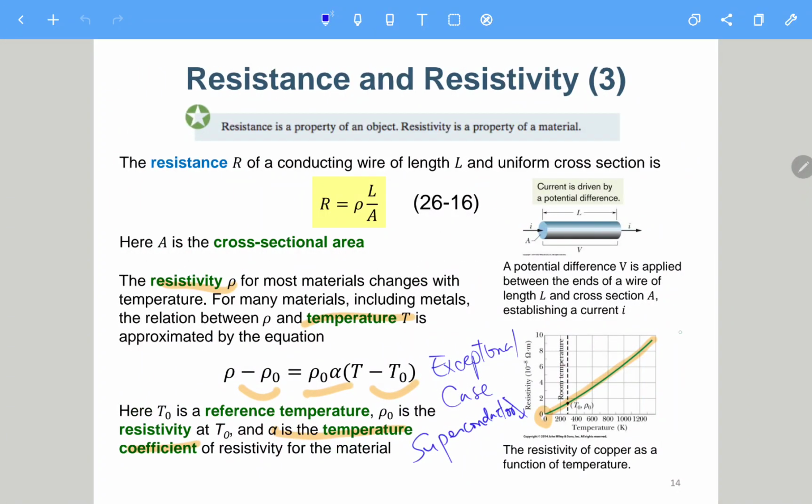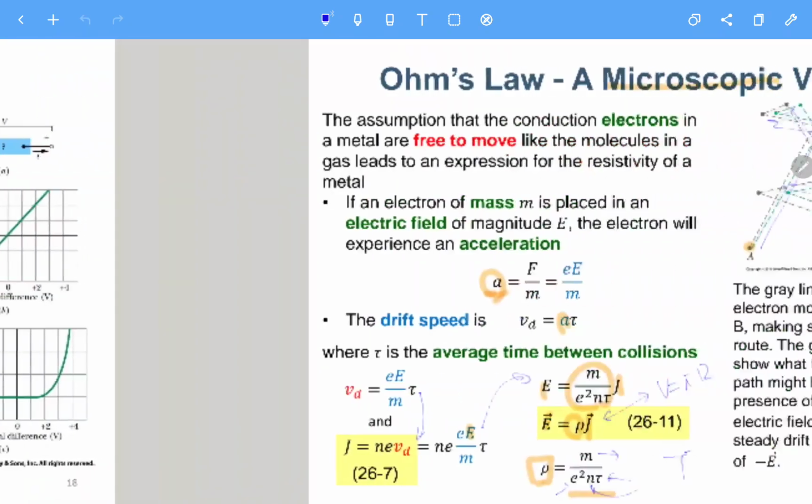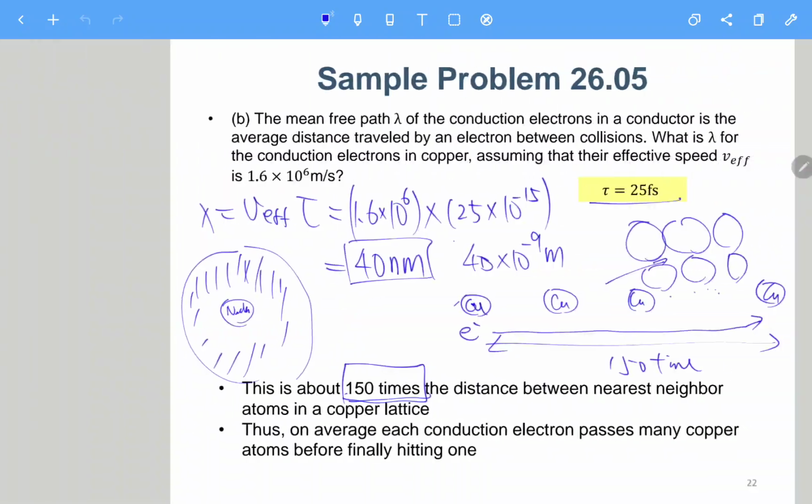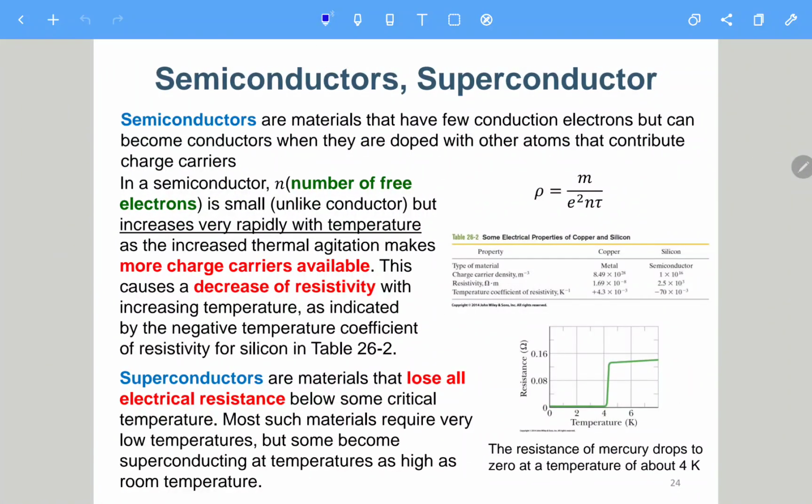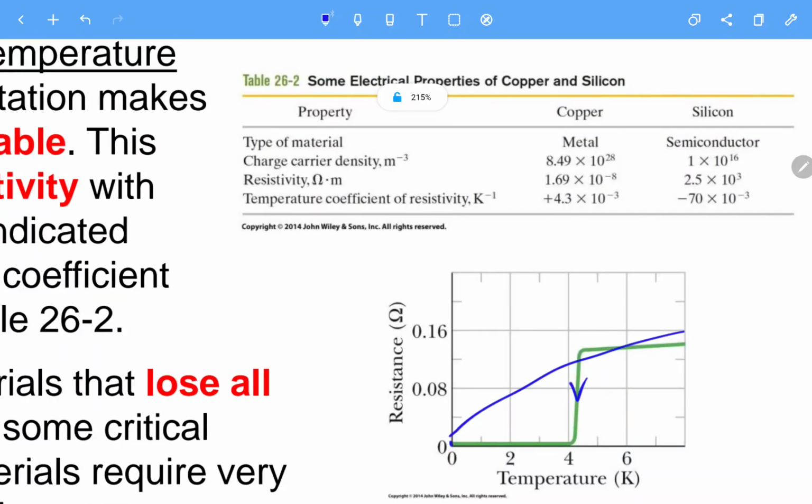I also mentioned that I'll talk about the exceptional case here. When we zoom in on this part, physicists would hope that this would be something like a straight line until it goes to zero. But actually, the case is not like that. The case is that it suddenly dropped down.